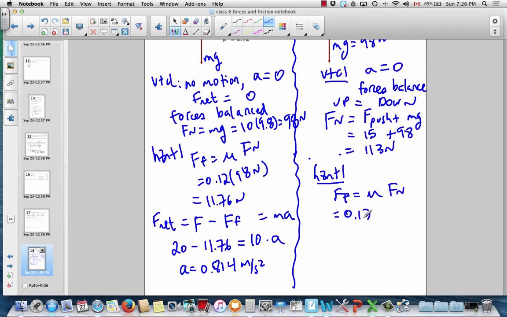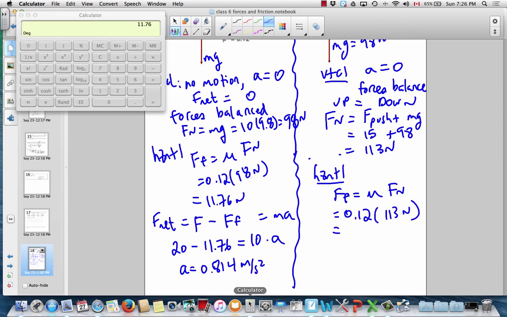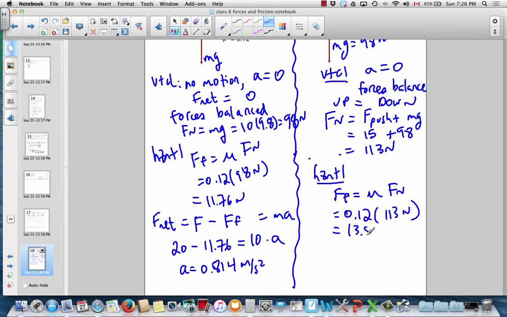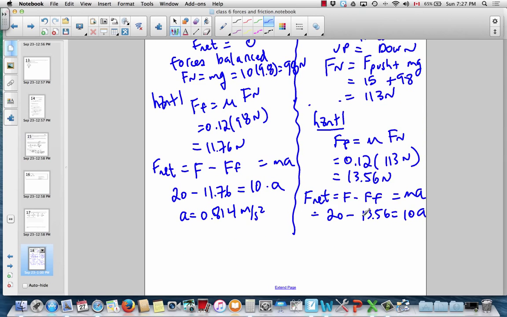It's the same surfaces, 0.12, but now normal force is bigger, so that means friction's bigger too. 13.56 newtons. Now, the net force is still the pulling force minus friction. The pulling force is still 20. But because of the downwards push, which increased the normal force and increased the friction, now the acceleration is smaller.